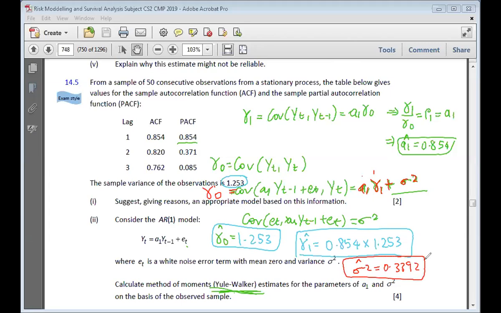So is this clear to everyone? Yes. Anyone has any doubts with this? So again, for someone who is wondering what will be the correlation between et and yt minus 1: if you substitute the equation for yt minus 1, you will have A1 yt minus 2 plus et minus 1. And you know that et minus 1 or yt minus 2, any one of those is not related with et.